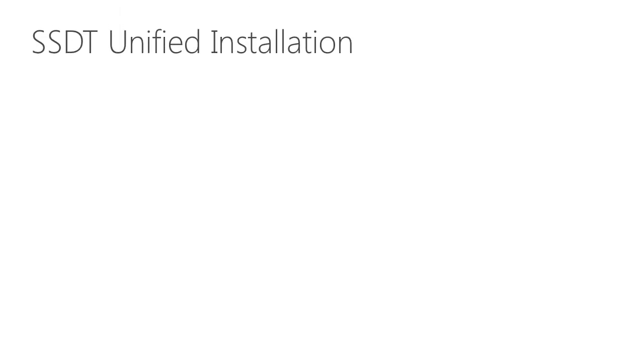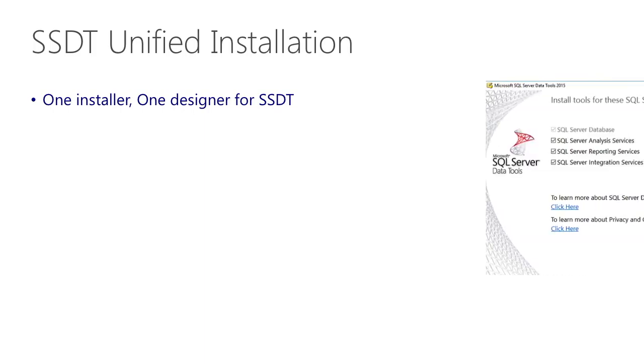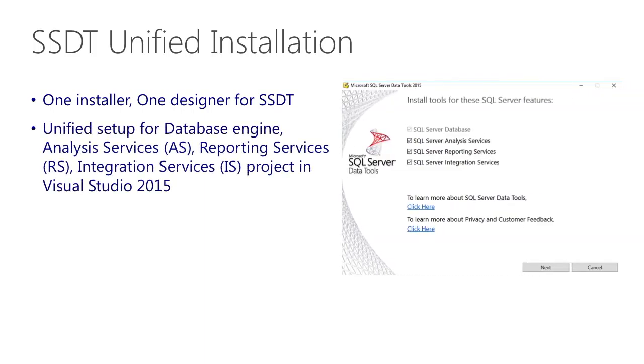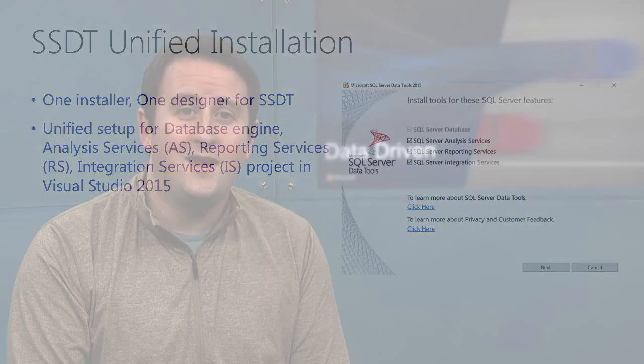Another great improvement to SQL Server Data Tools is that you can now get the database projects and support for business intelligence tools all in one simple to find and install package. The SSDT installer now lets you install Analysis Services, Reporting Services, and Integration Services in addition to the existing database project support. In previous versions, you had to find out which version of the tools to use.